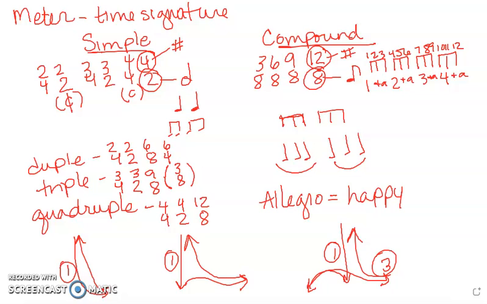We haven't really talked about dots yet. Remember that when you add a dot to a note, it adds half the value of that note. So in this case, you're looking at 1.5 beats, right? As opposed to just the one for the quarter.